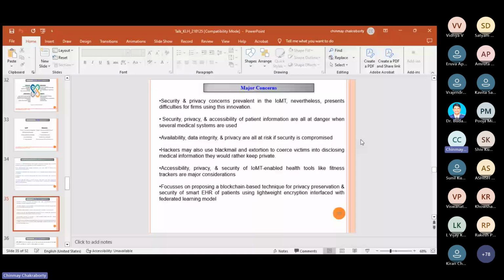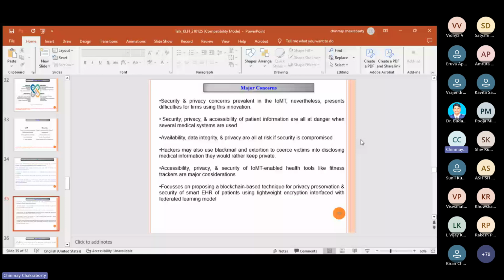This is a very dangerous point. Hackers are common nowadays, as you are already familiar. Hackers may also use blackmail or extortion to coerce victims into disclosing medical information they would rather keep private. So the accessibility, privacy, and security of IoT-enabled health tools like fitness trackers are major considerations.